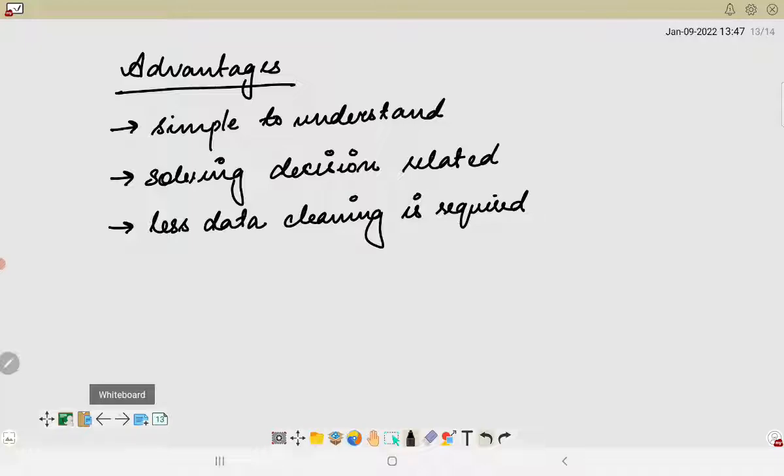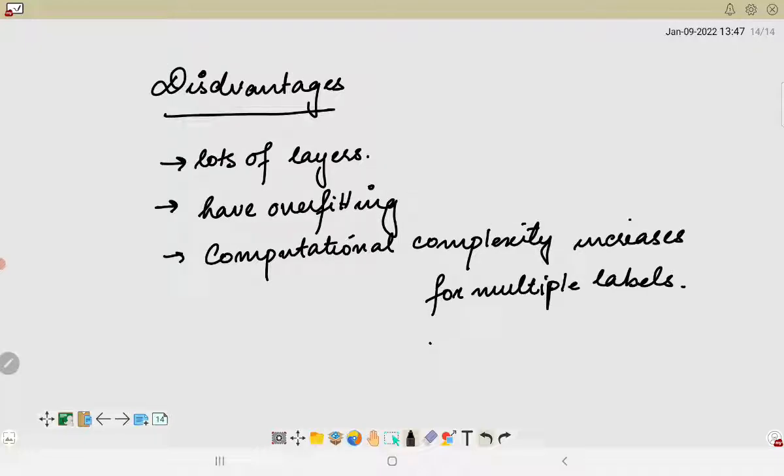If we are using a decision tree, we can do it in a much faster manner. However, the computational complexity always goes up if we have multiple different classes associated. Okay, so that is all for this video. We will talk about more of this in our next session. Thank you.